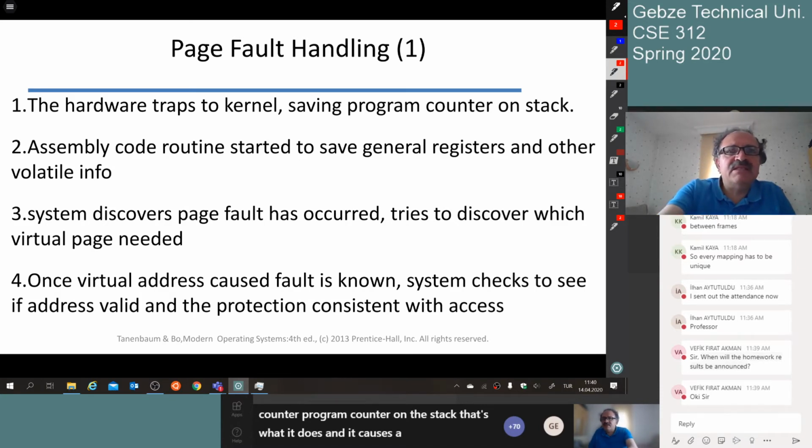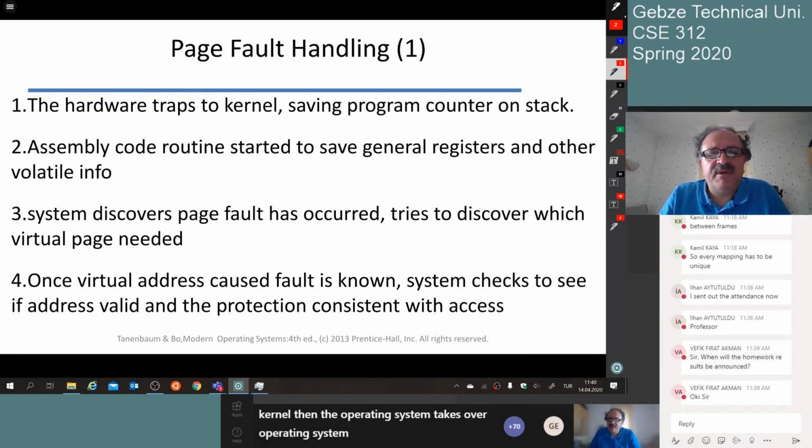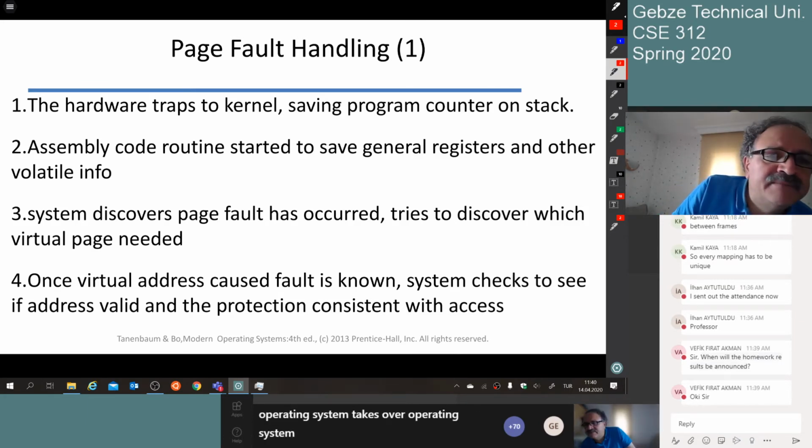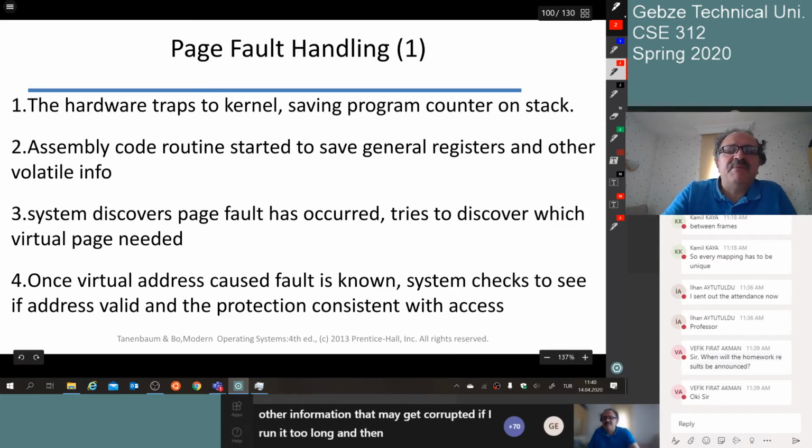Then the operating system takes over. The operating system says that I will save all the general registers and any other information that may get corrupted if I run too long, and after that I will start handling this page fault.